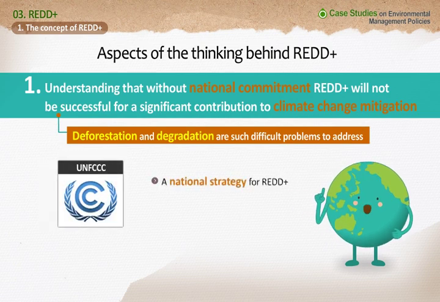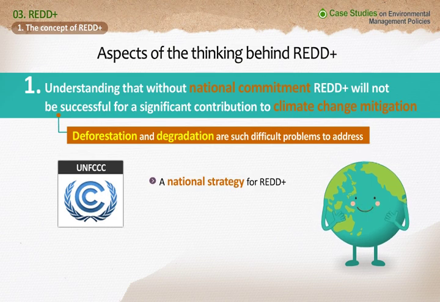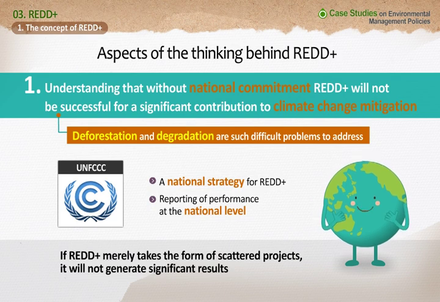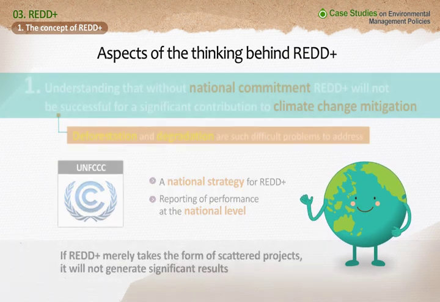This is why the UNFCCC requires a national strategy for REDD+ and the reporting of performance at the national level. It is recognized that if REDD+ merely takes the form of a number of scattered projects around the world, it will not generate significant results.